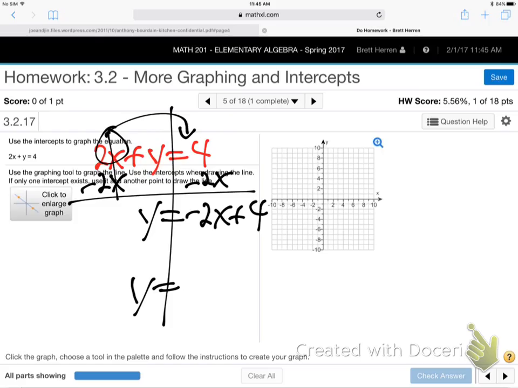I can't subtract those, can I? Because they're unlike terms. If that was 4x minus 2x, I could subtract them, but it's not, so they just sit side by side. They can't interact. Everybody good to that point? I got y alone. So now go to the graph.